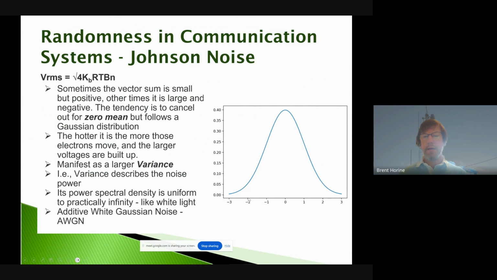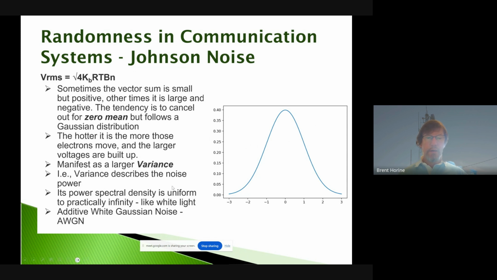But if this curve is broadened, that line is going to be higher at any given offset from the mean, and that shows up as more power. So we can see that the variance of the noise process drives the noise power in the system.